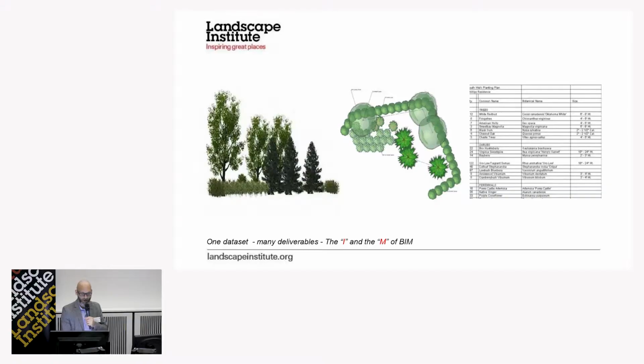So again, the information is the same. I can change the data in one and it will have an impact on the geometry, or I can change the geometry and it will have an impact on the data. And again, that doesn't matter whether it's a larger site, as you saw before, or a municipal flower bed or planting area.